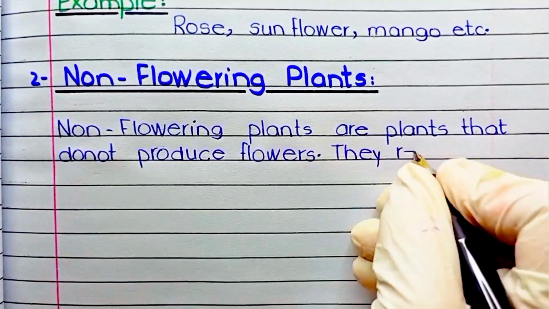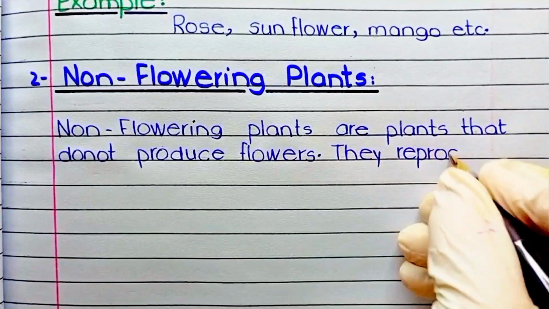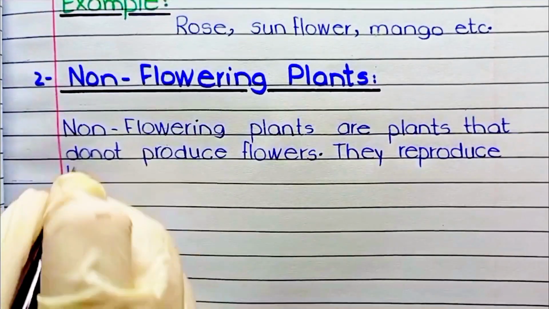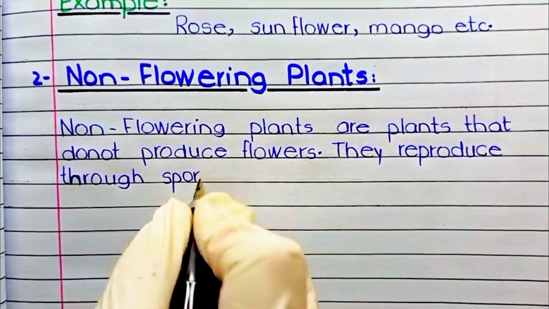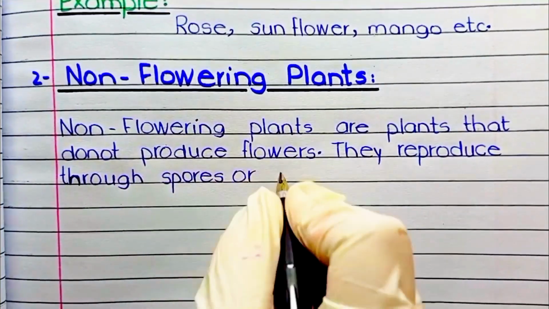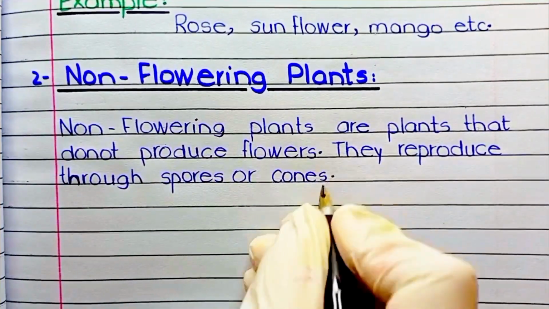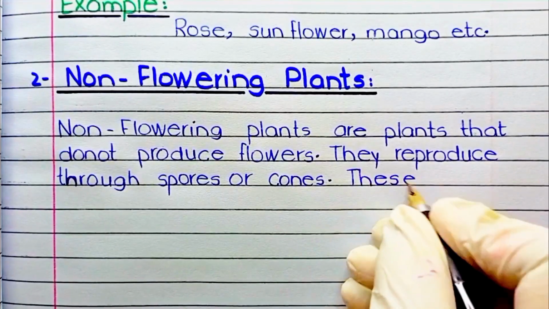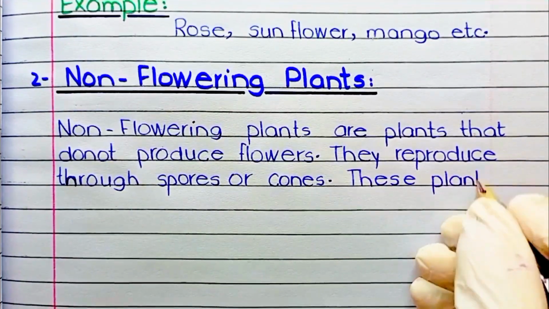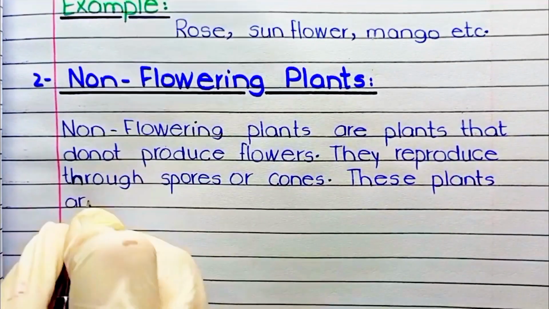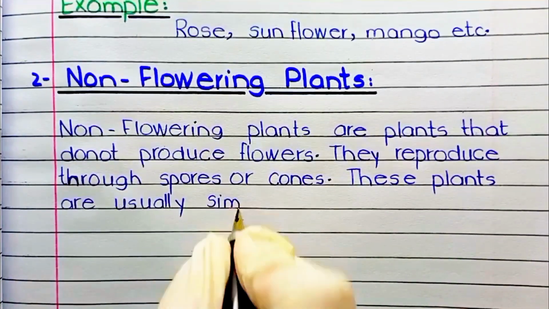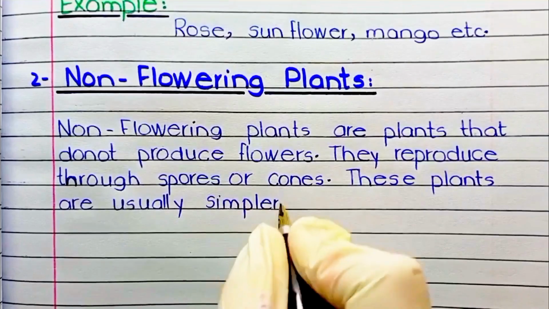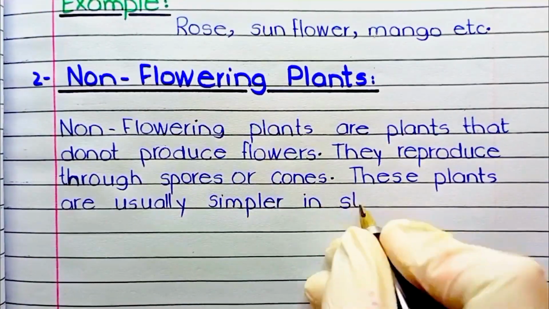They reproduce through spores or cones. These plants are usually simpler in structure.